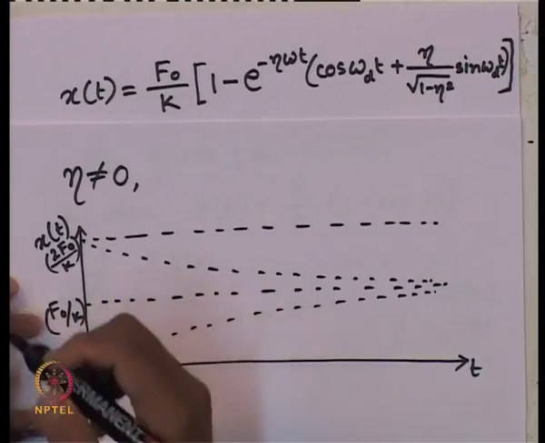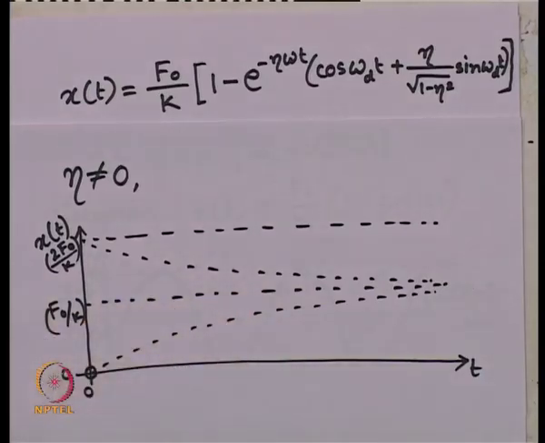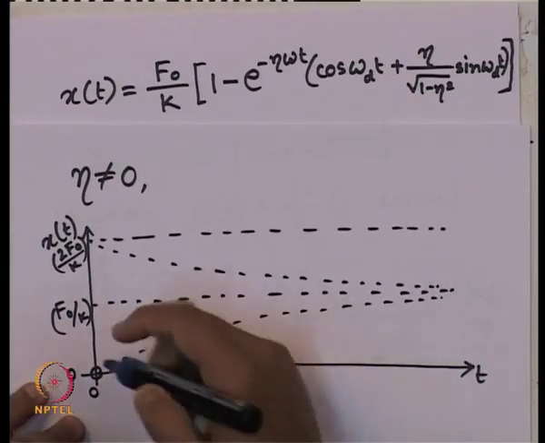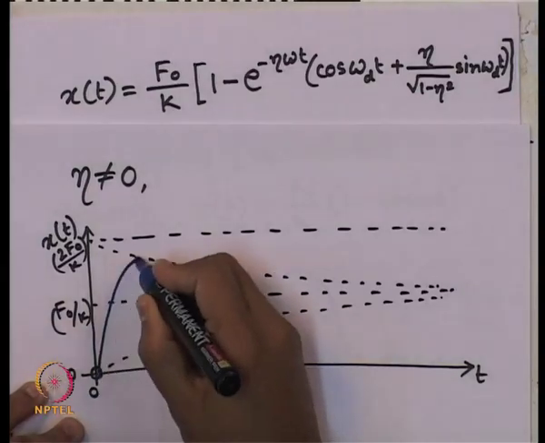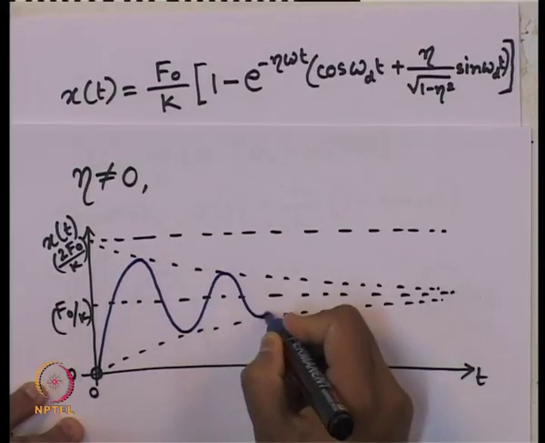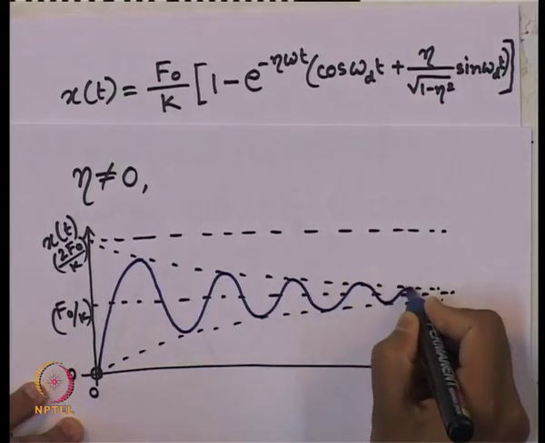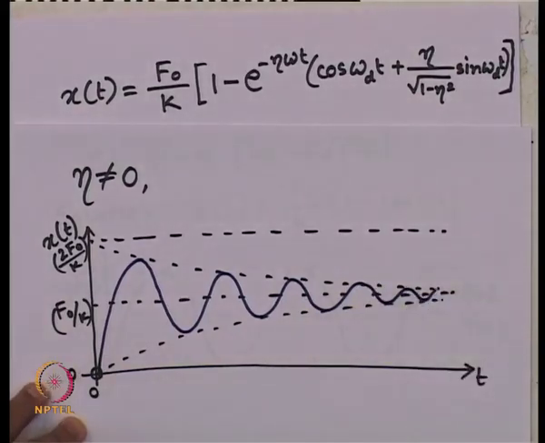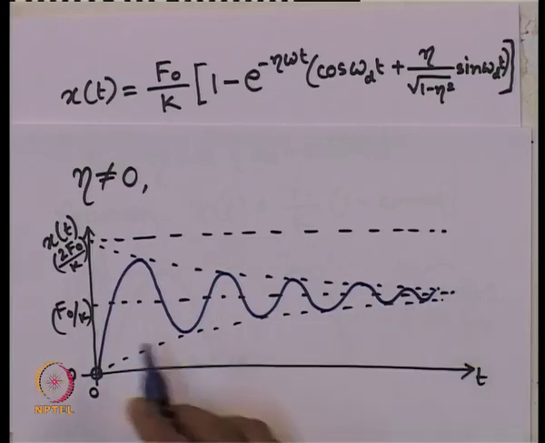So, the final response curve is like this. This is the final response of the system. With t tends to infinity, it approaches the static displacement.